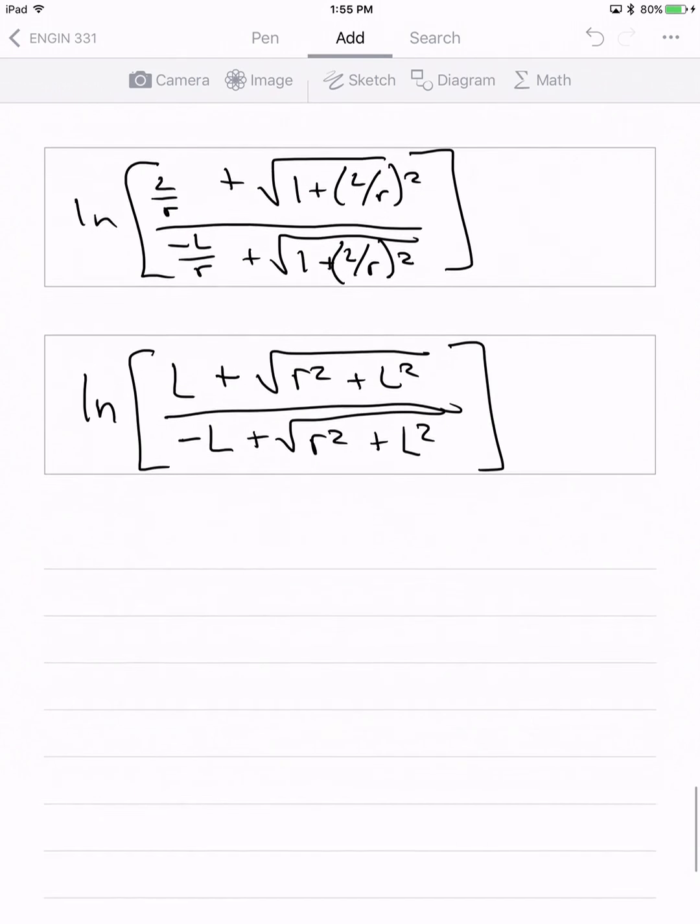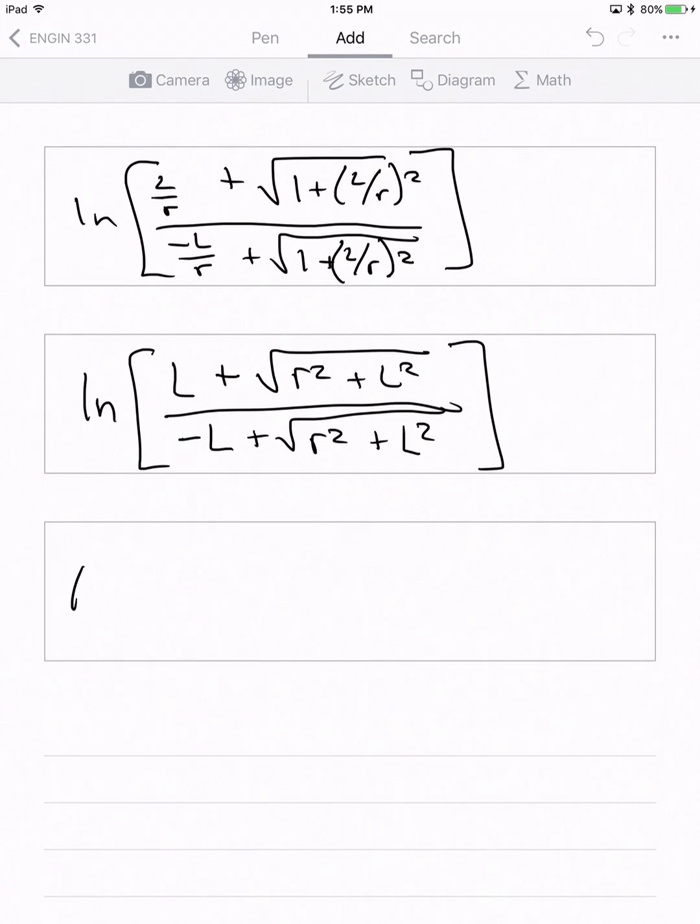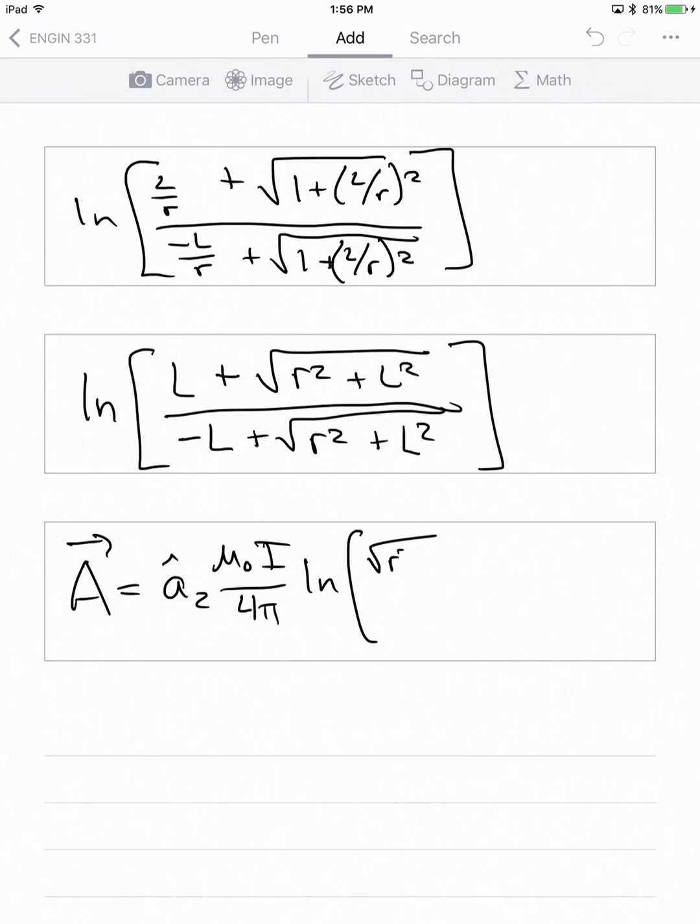That was a lot, but the end result then becomes our solution for A, the magnetic vector potential: A equals a hat z, mu naught I over 4 pi, ln of the square root of r squared plus L squared plus L, divided by the square root of r squared plus L squared minus L. We drop the absolute values because this turns out to be positive, so it's fine.